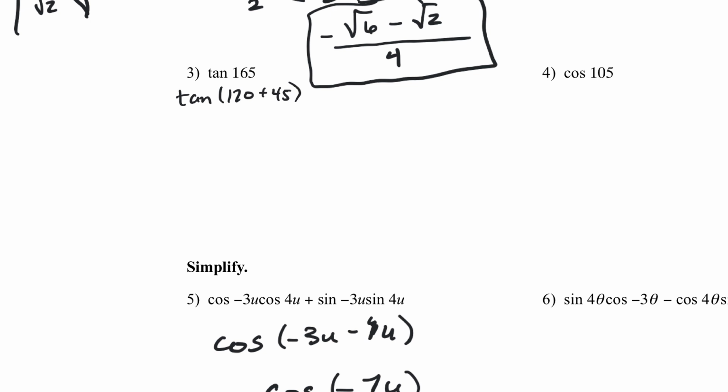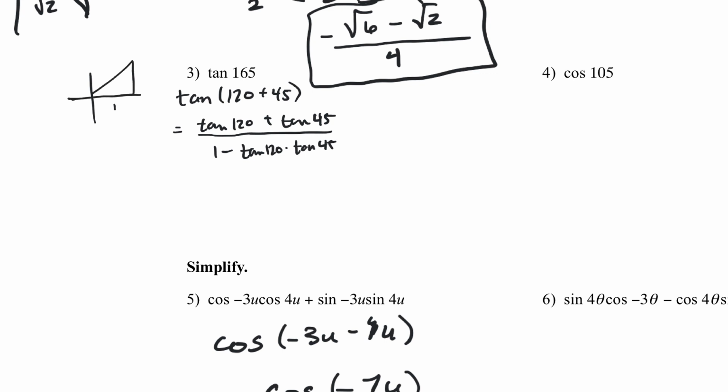Let me just solve it. So I'm going to write out the formula. This is a plus b, right? So it's going to be tangent of 120 plus tangent of 45 all over 1 minus tangent of 120 times tangent of 45.